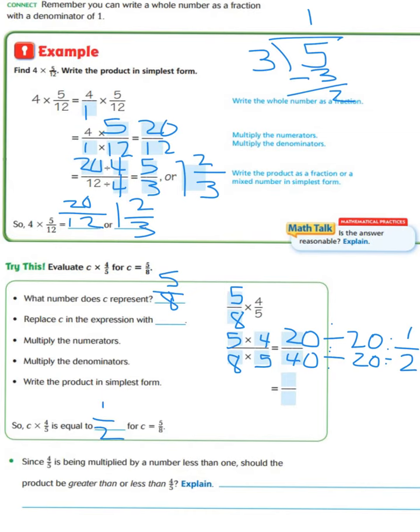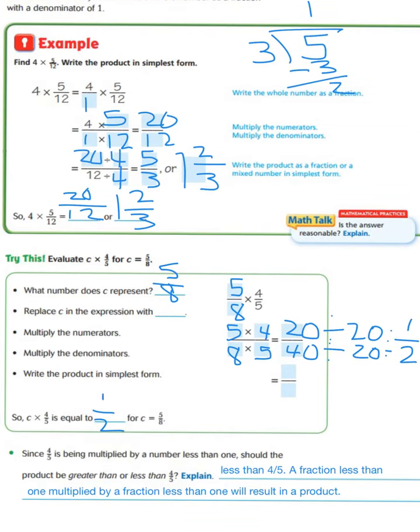All right, so let's look at our question on the bottom. Since 4/5 is being multiplied by a number less than 1, should the product, or the answer to our multiplication problem, be greater than or less than 4/5? Explain. And the answer is it should be less than 4/5.